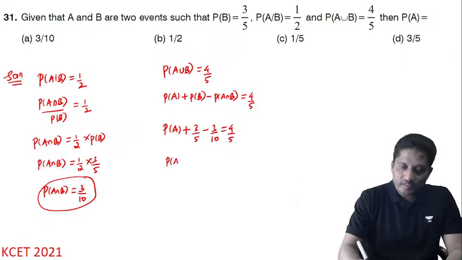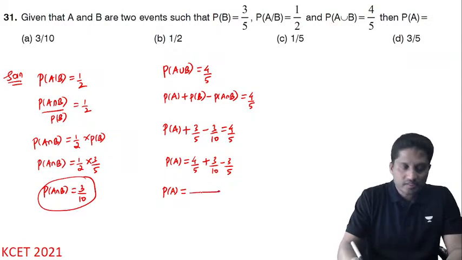Okay, now P of A is equal to 4 by 5 plus 3 by 10 minus 3 by 5. Now I'm going to take LCM as 10.